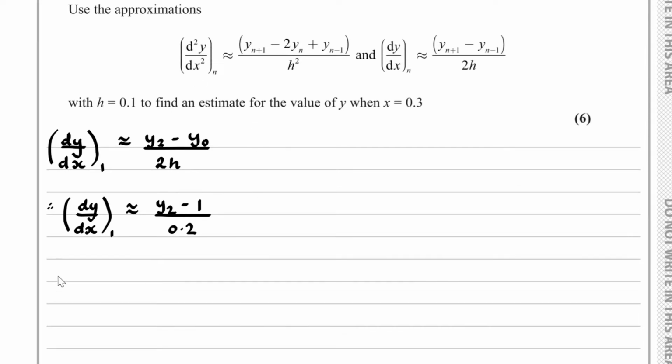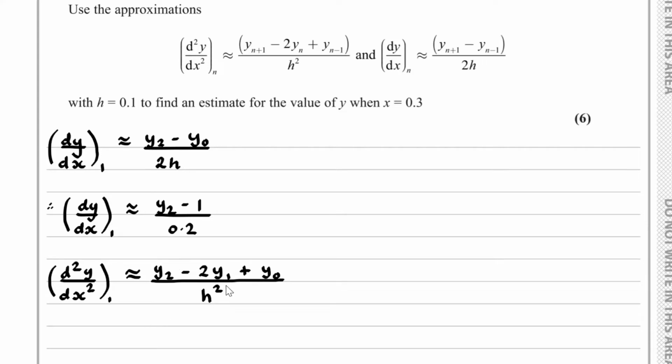And similarly, d squared y over dx squared 1 is approximately equal to y2 minus 2y1 plus y0 divided by h squared.